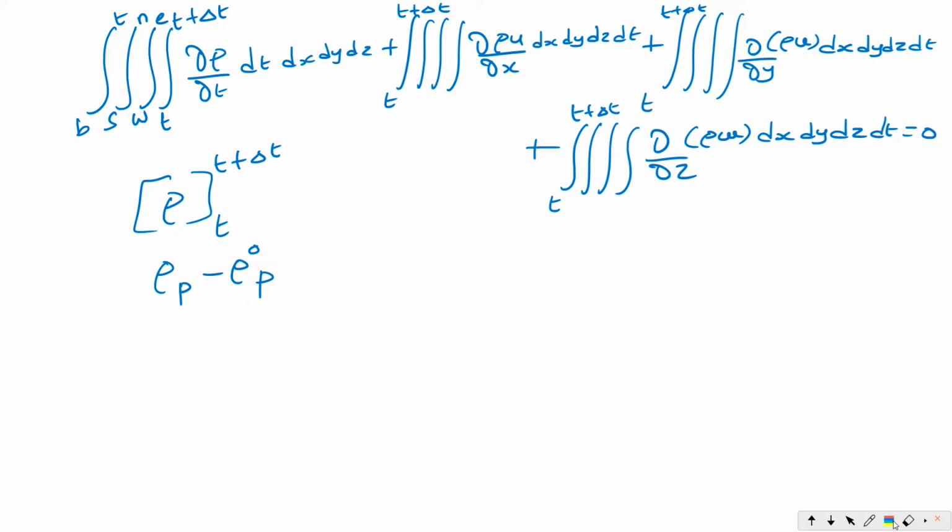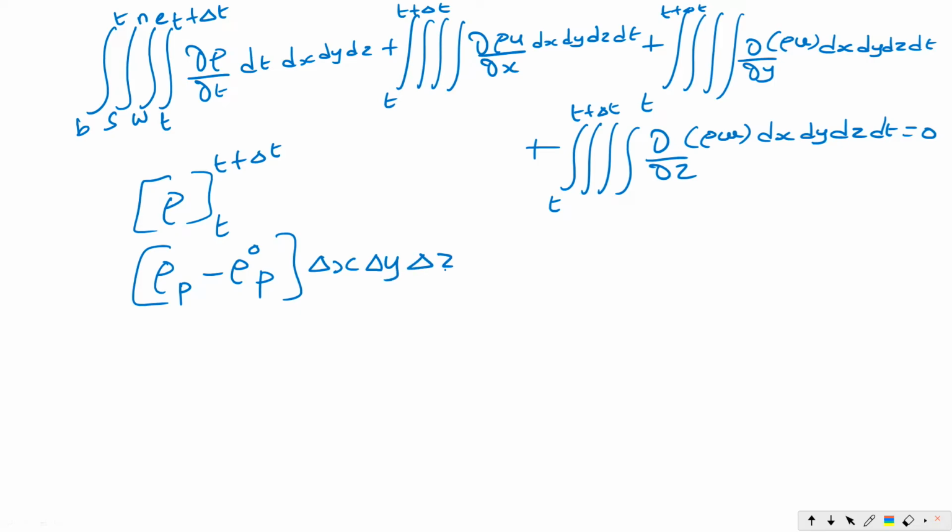So I have integrated ρ with respect to time, and dx becomes x. The limit of integration is 0 to delta x, so applying the upper limit minus lower limit, it will become delta x. Similarly, dy will become delta y, and dz will become delta z.